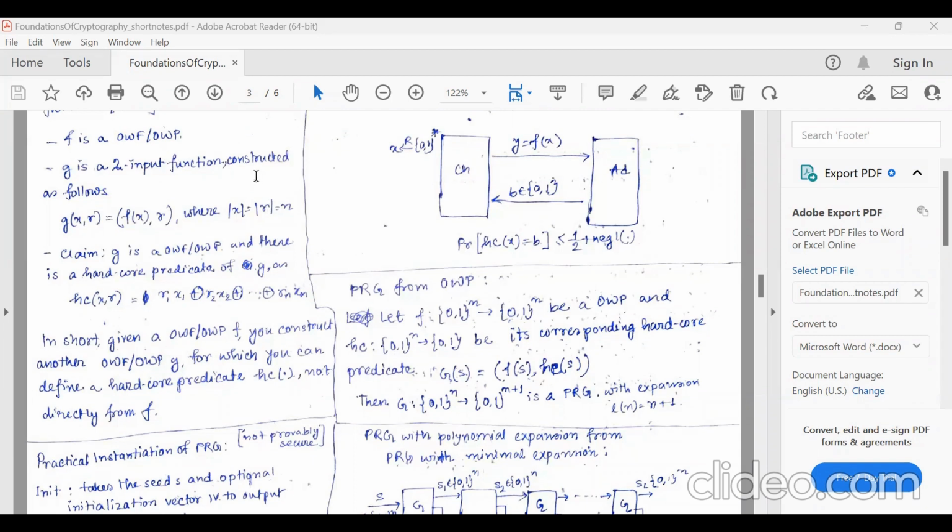The way the Goldreich-Levin theorem proposes having a hardcore predicate for some OWP, you have come up with this function f, which is an OWP, and its corresponding hardcore predicate, which maps its input to some Boolean value 0 or 1.